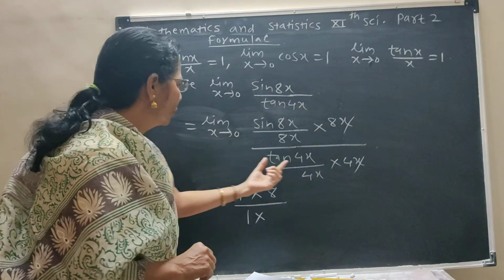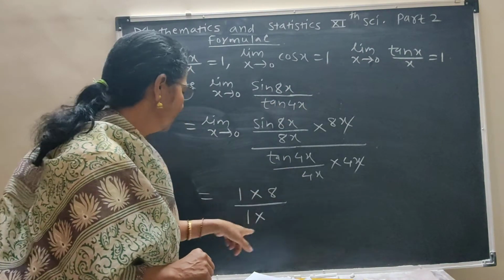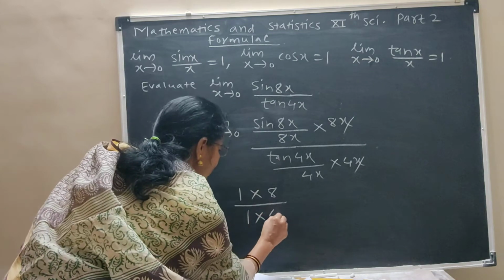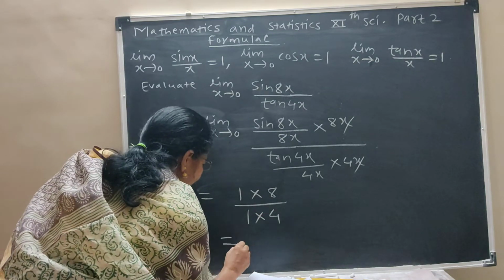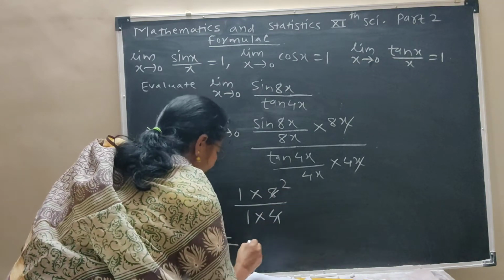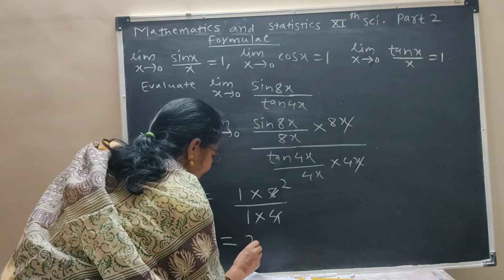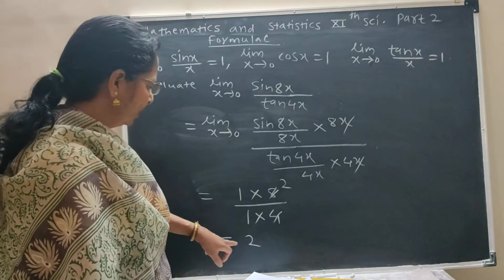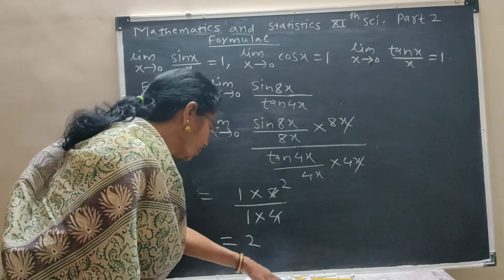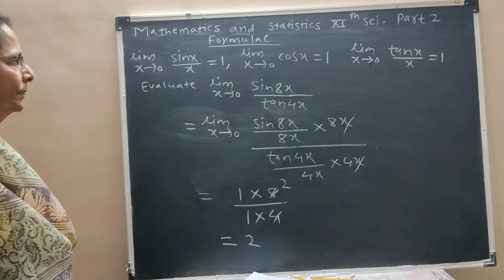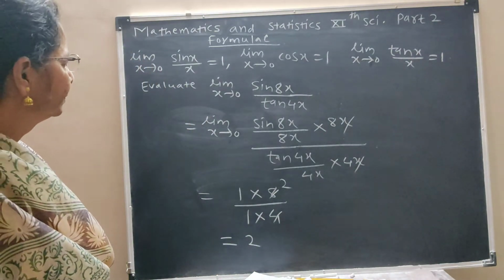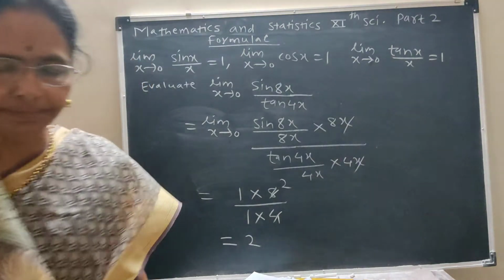So 4 is at the denominator. After simplification, we have answer 2, and 2 is the correct answer. So remember this formula.